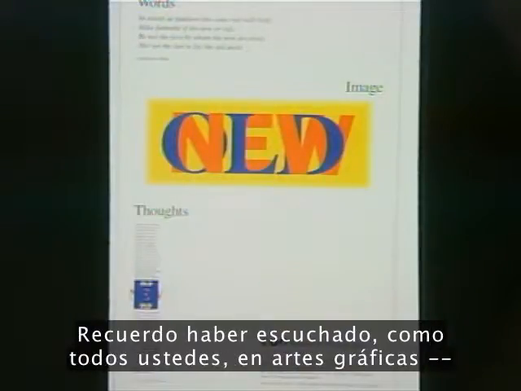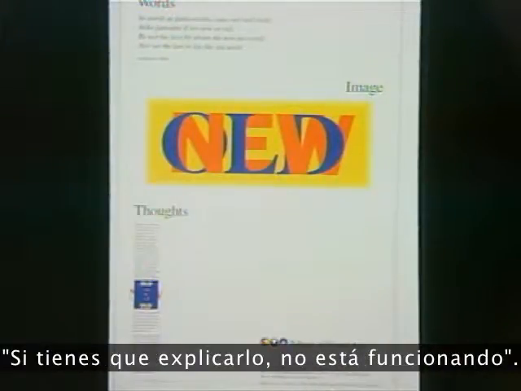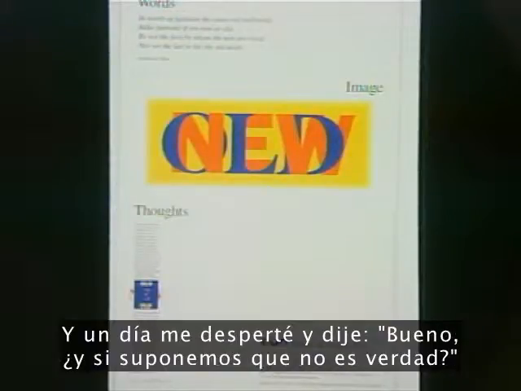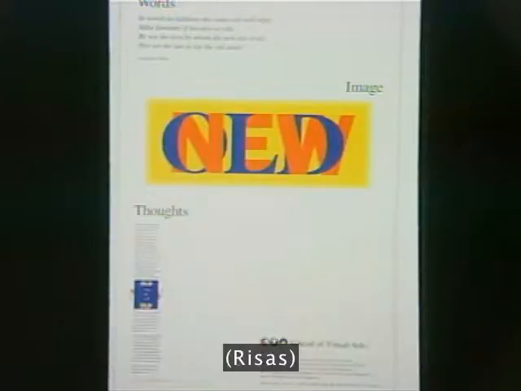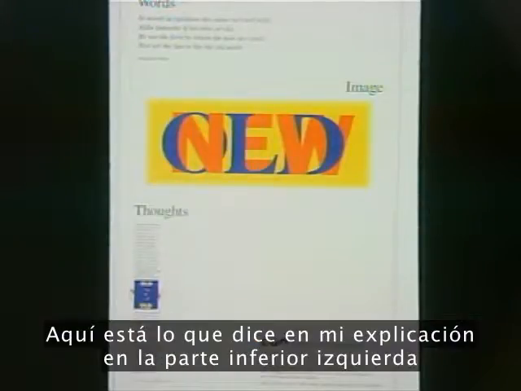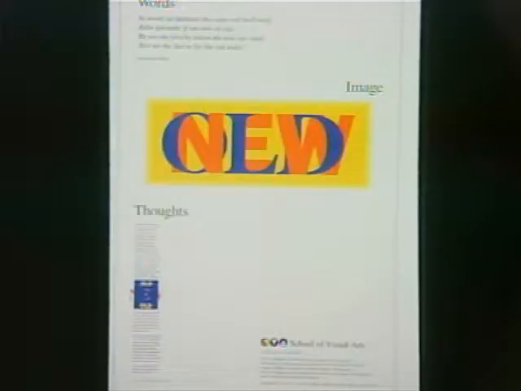You remember hearing, all of you in the graphic arts, if you have to explain it, it ain't working. And one day I woke up and I said, well, suppose that's not true. So here's what it says in my explanation at the bottom left.